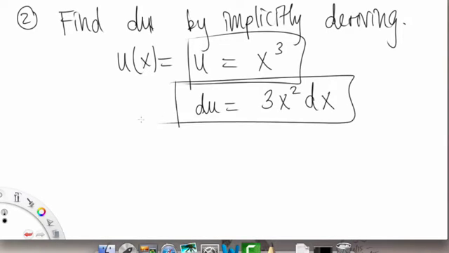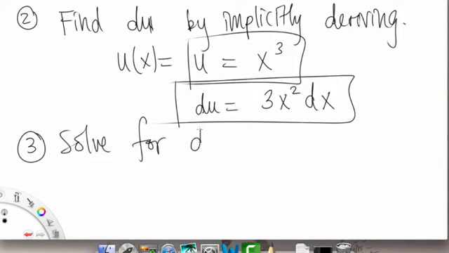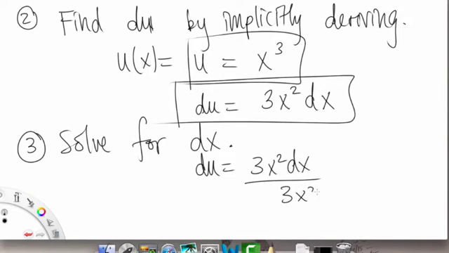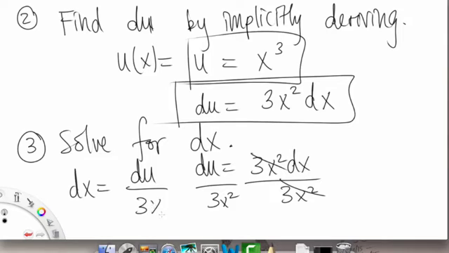So we obtain this equation here, and now what we want to do, step 3, is solve for our dx, okay? So if we solve for dx, we get du is equal to 3x squared dx. So when we divide by 3x squared on both sides, then we get dx by itself. dx is equal to du over 3x squared, okay? So now I'll show you where to go from here.